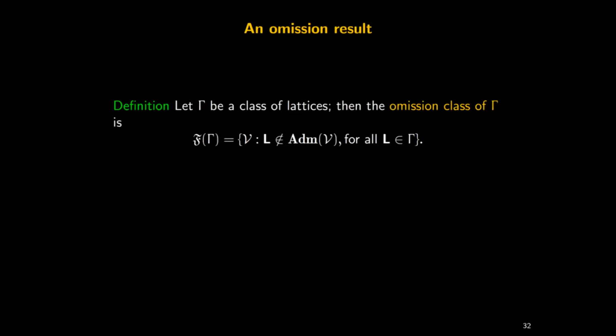To put it in another perspective, let me also introduce the omission class of gamma, when gamma is a class of lattices. It is simply the class of varieties that omit L as a sublattice of the congruence lattice of an algebra in the variety.